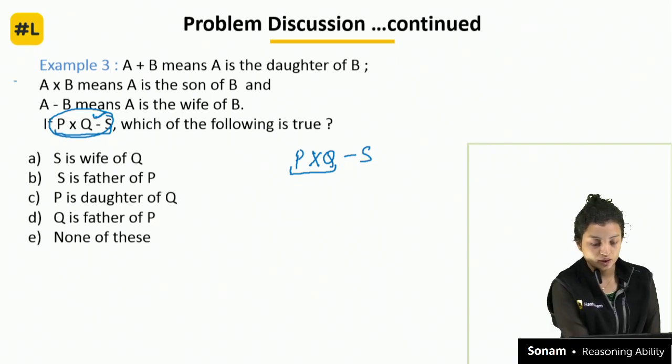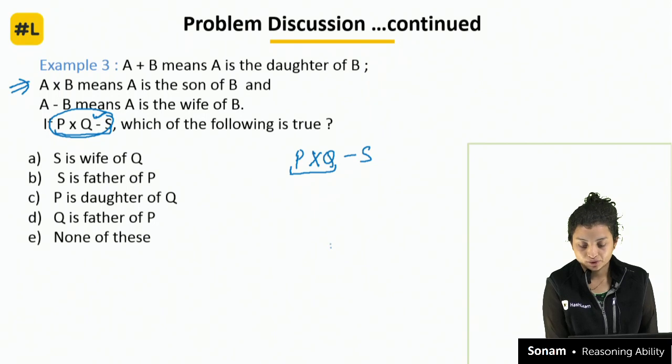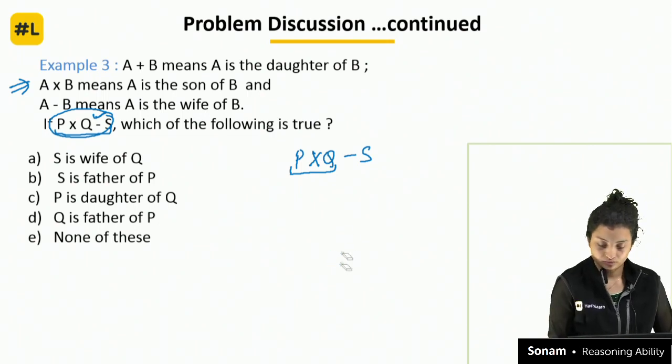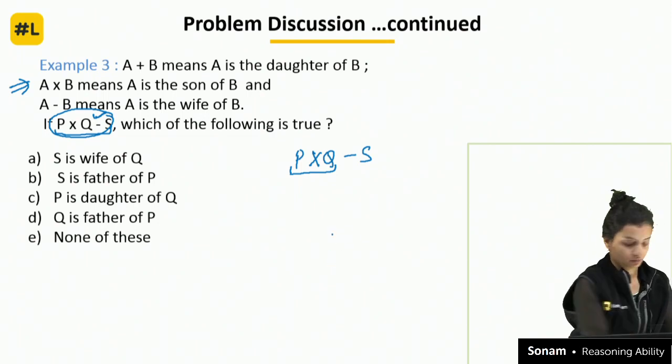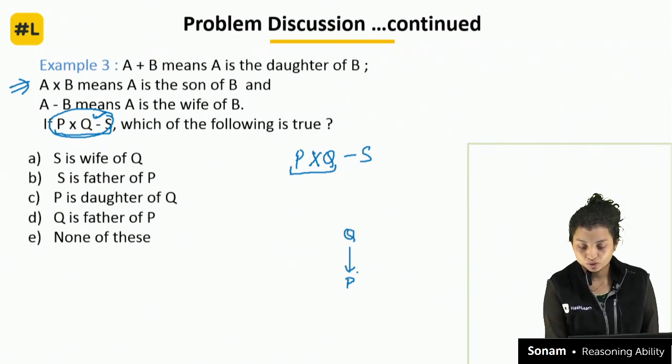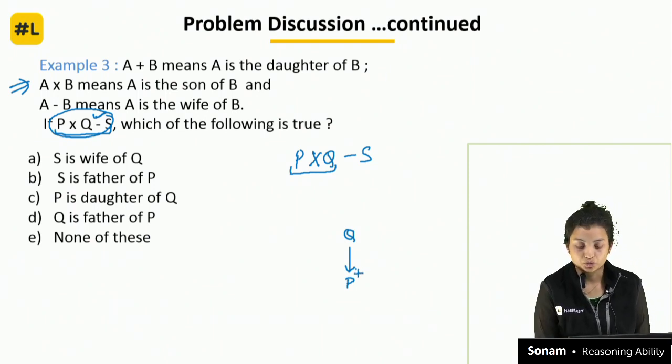P into Q. Read the second point. P is son of Q. So P is son of Q. I told you how we represent male by plus sign. So P is son of Q.